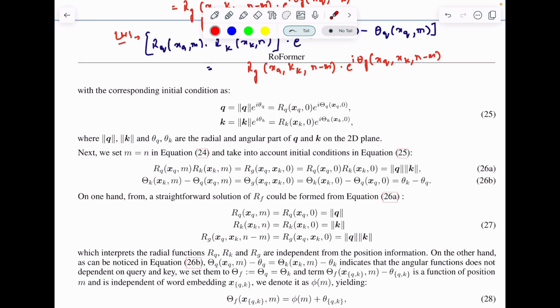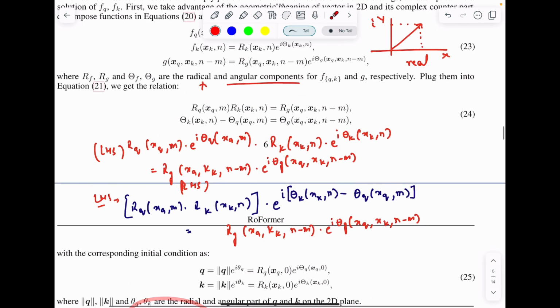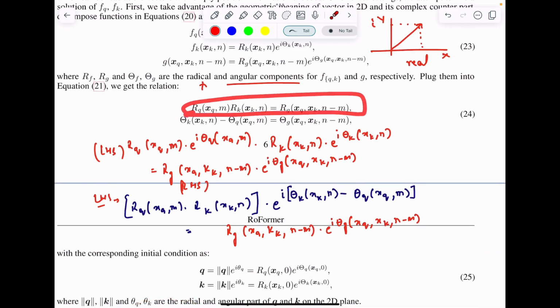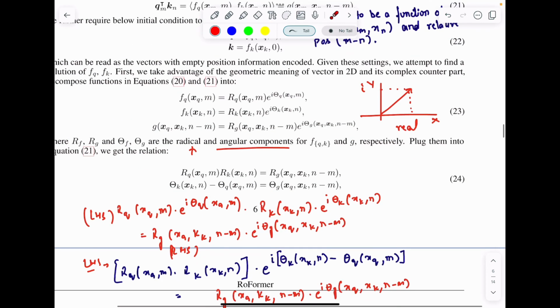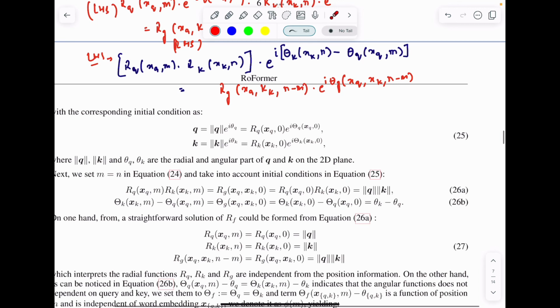So in equation 25, now let's set M equal to N in equation 24. That means this particular equation. Let's take the first part. We say that M and N are equal to each other. So this will lead to M here, M here, and M minus N will be equal to 0, right?